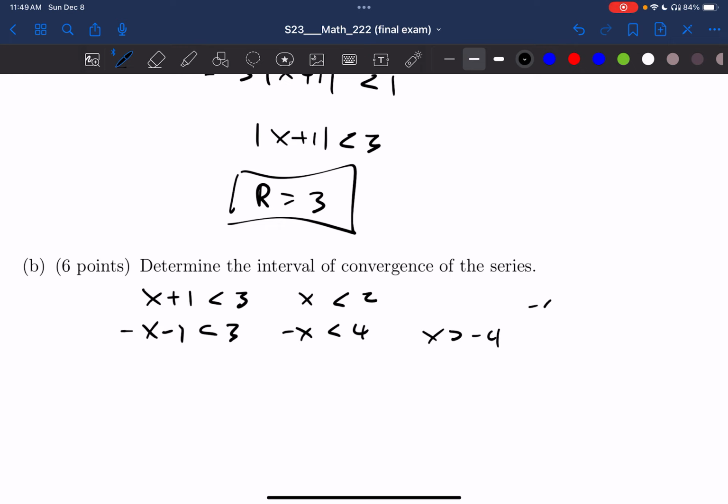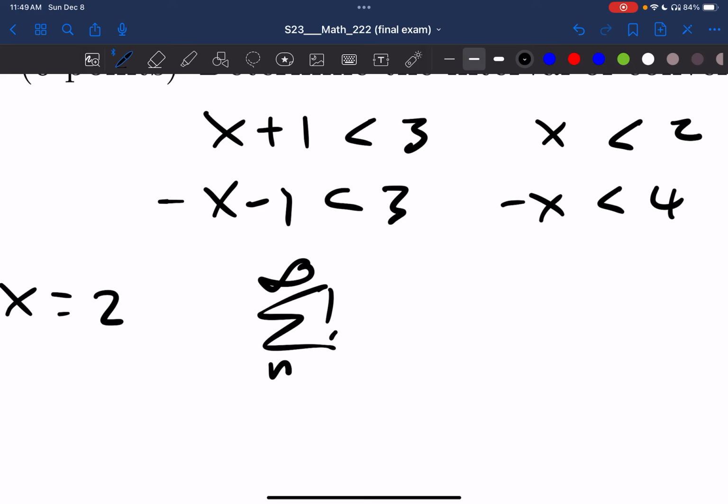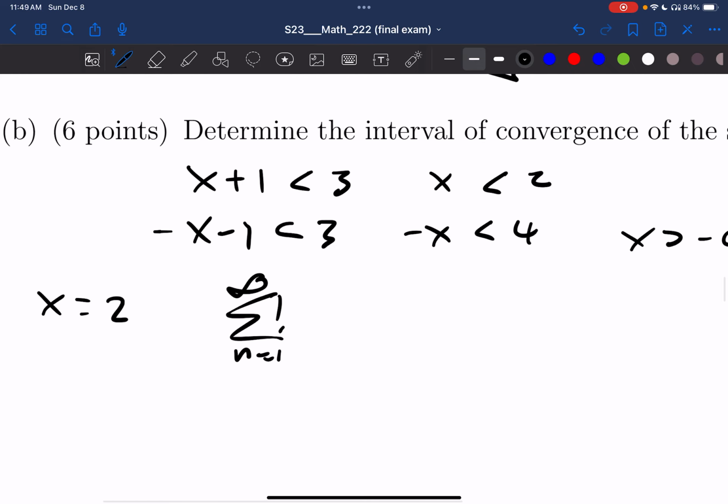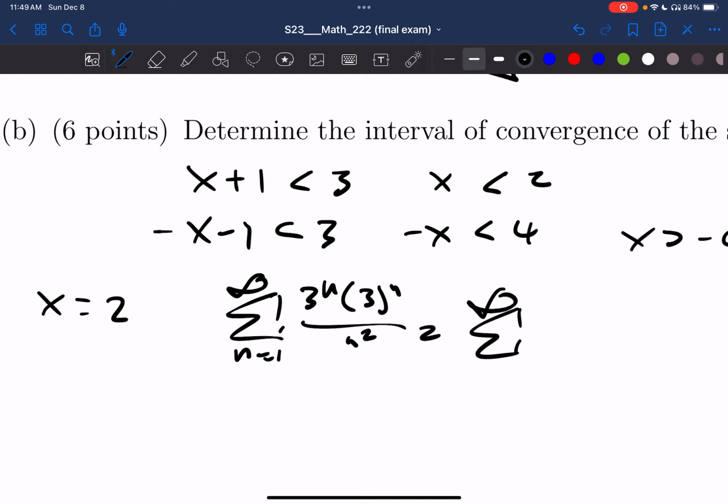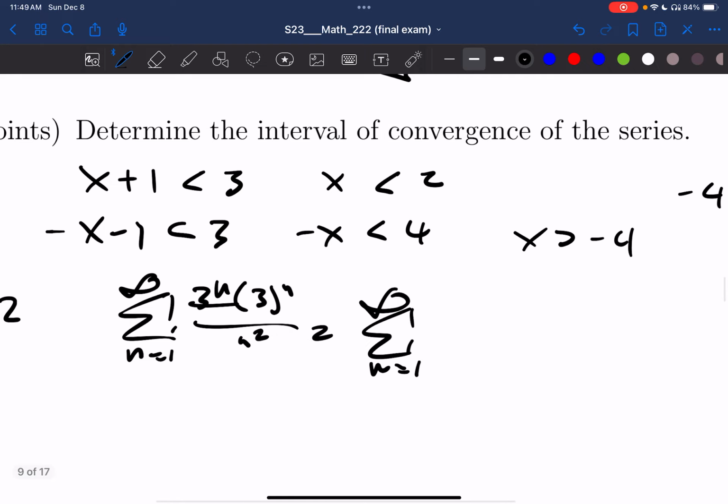Let's test 2 first. When x is equal to 2, plugging in here, we're going to get what? n equals 1, sorry. And we're going to get 3n, and then x plus 1, which is 2 plus 1, which is 3n, divided by n squared. Wait a second.